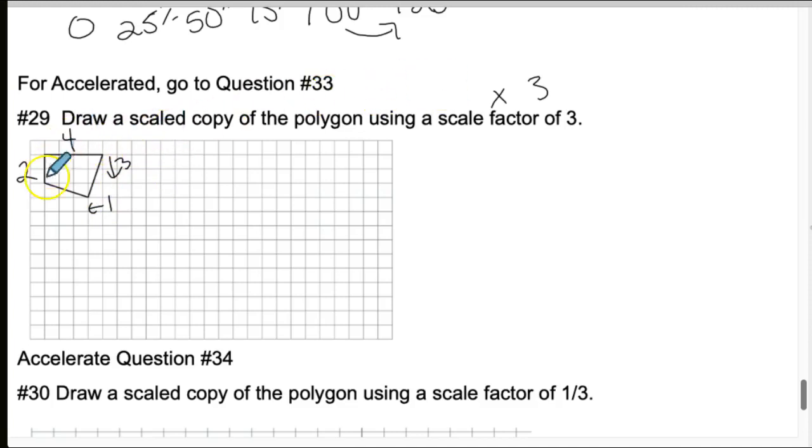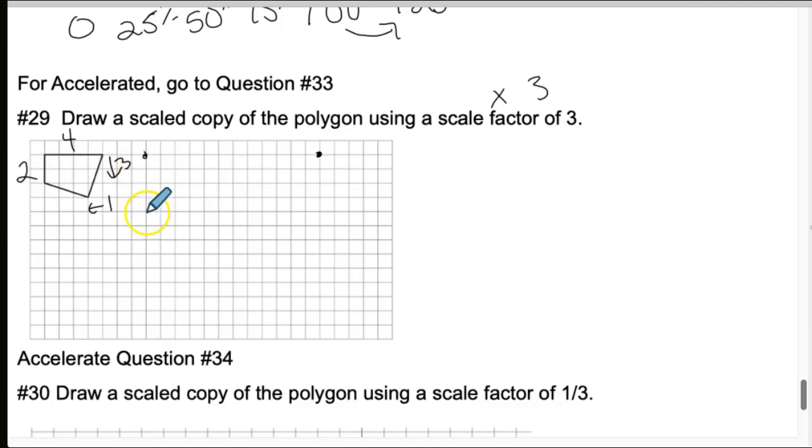I need to multiply all of these by 3. So 4 times 3 is 12. So I'll start here, and then I need to go 12 across. So this should be 12. Then 2 times 3 is 6, so 6 down.